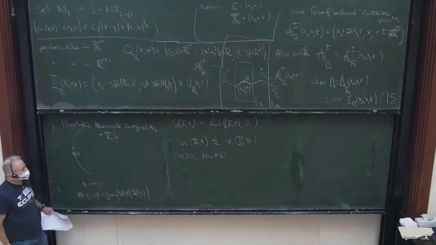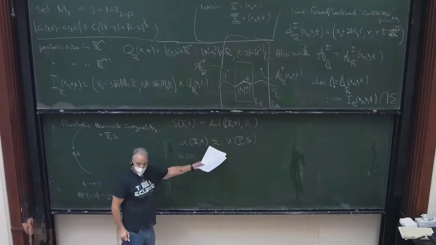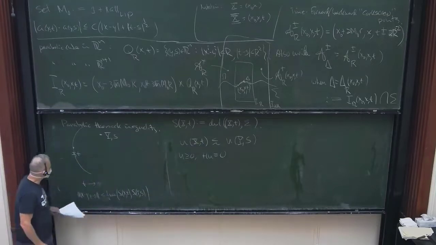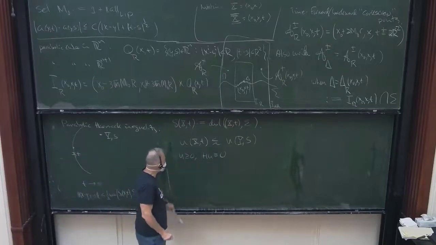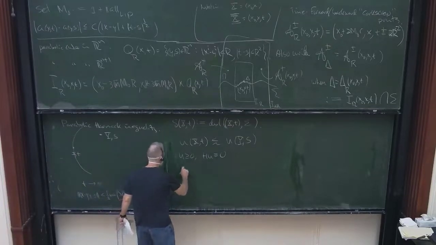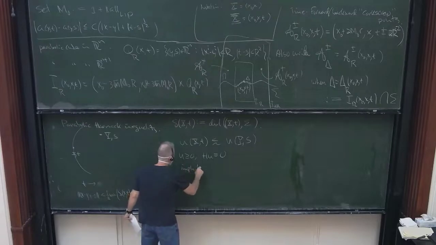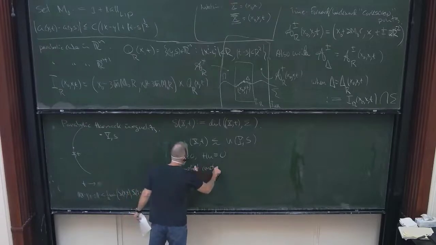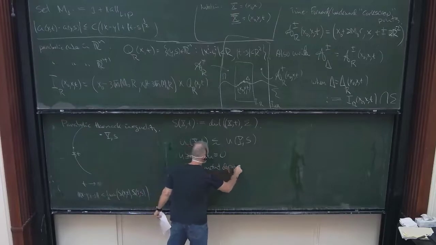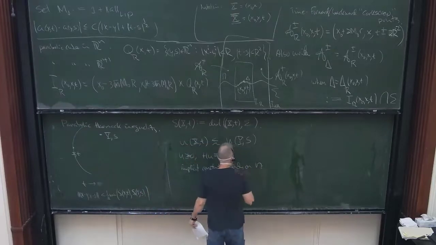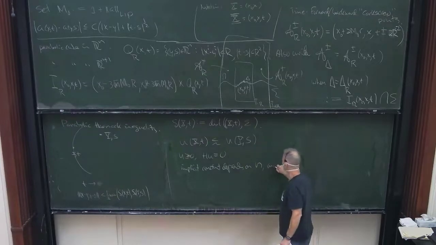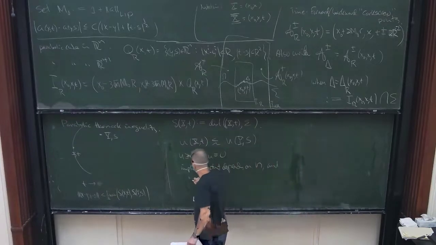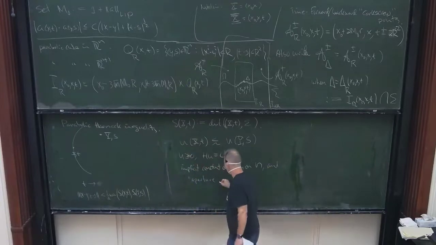The implicit constant depends on dimension and the aperture of the parabola, this parabolic cone.